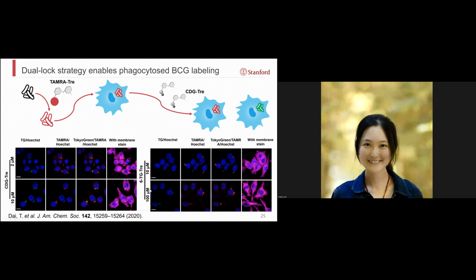Much more concentration is needed. So that means that by using the two targeting strategy, our dye was able to achieve the phagocytosed bacteria labeling with a much lower concentration.